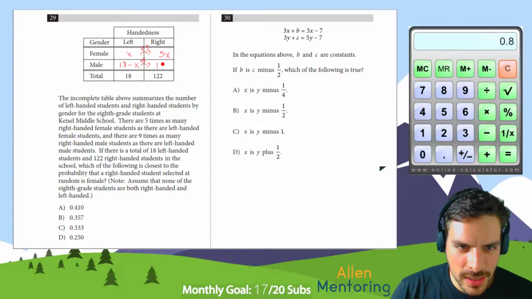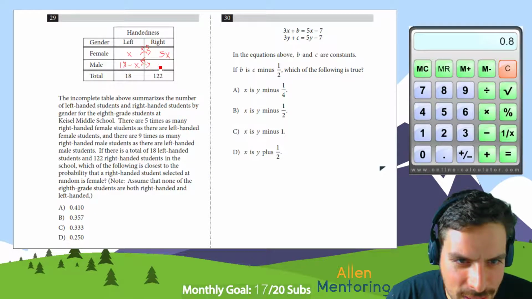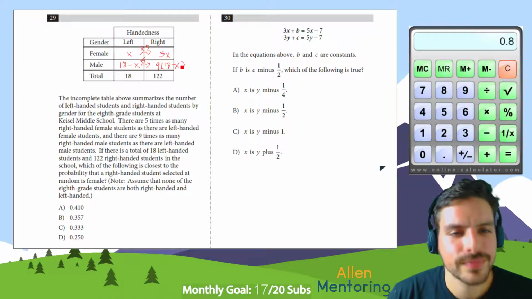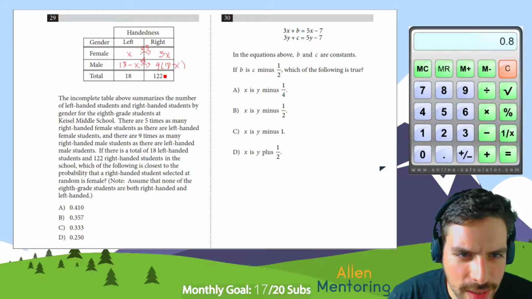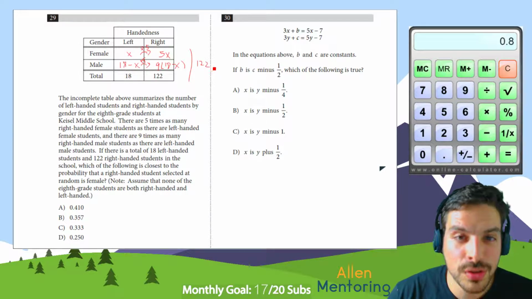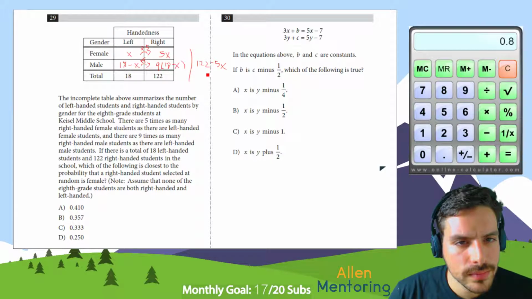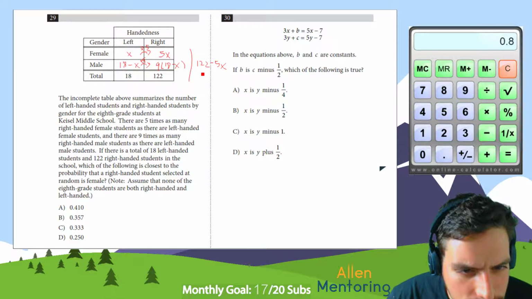And the same way here, we could say that it's going to be 9 times 18 minus X. But then we also know that this is also going to be 122 minus 5X.